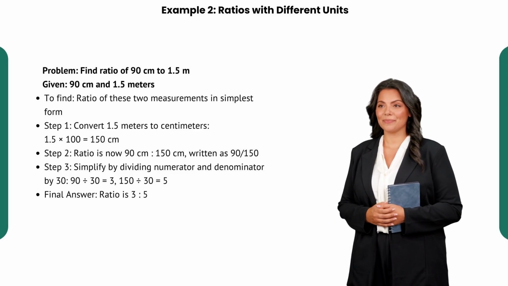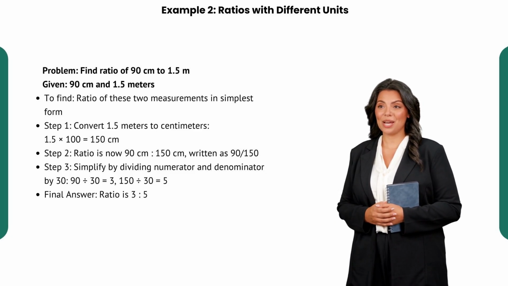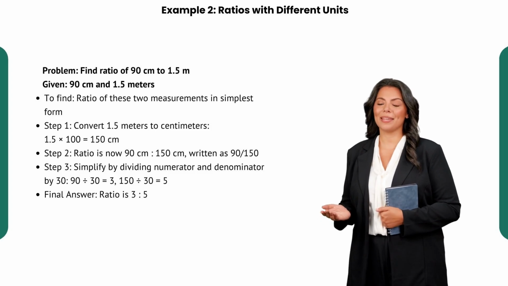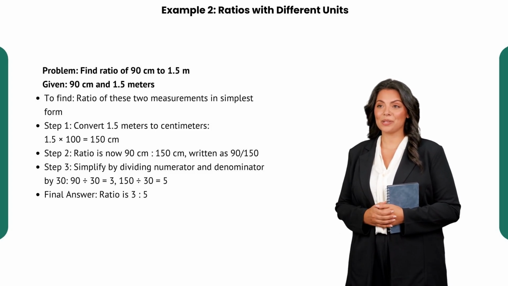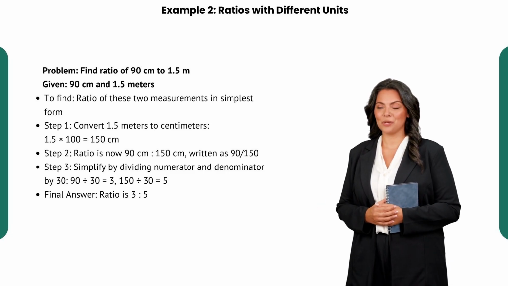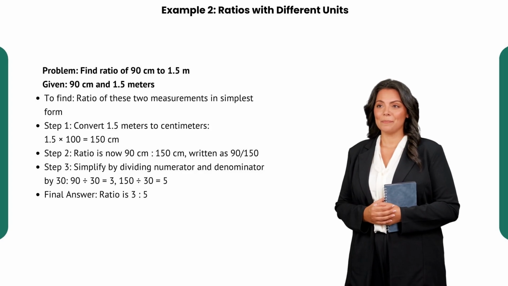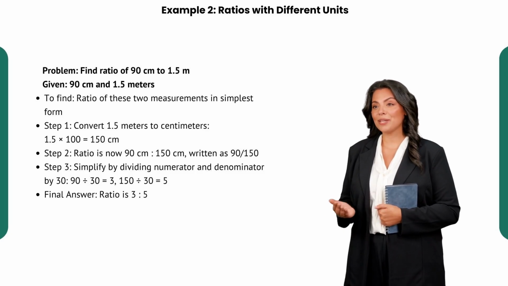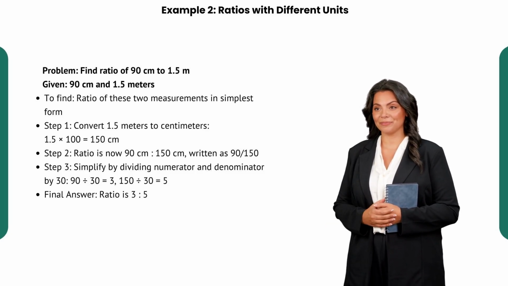Step 2. Now both measurements are in centimeters. 90 centimeters and 150 centimeters. So the ratio is 90 over 150. Step 3. Simplify 90 over 150 by dividing numerator and denominator by 30, their greatest common divisor.